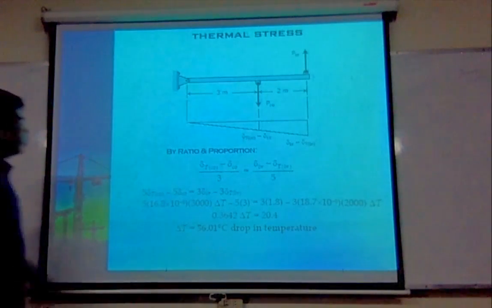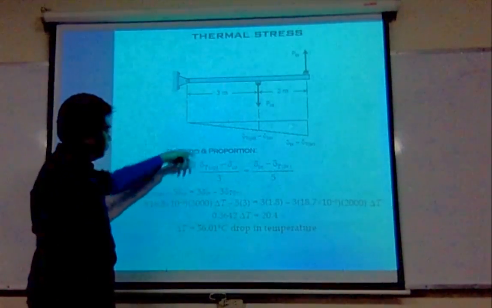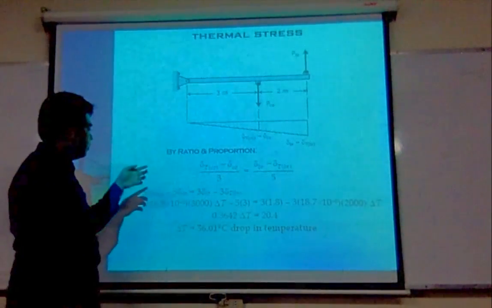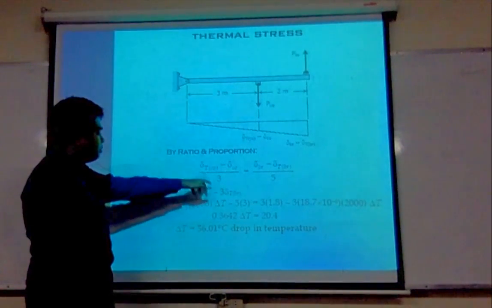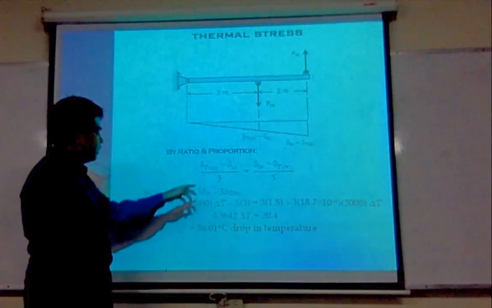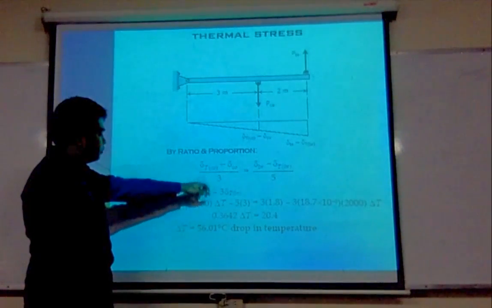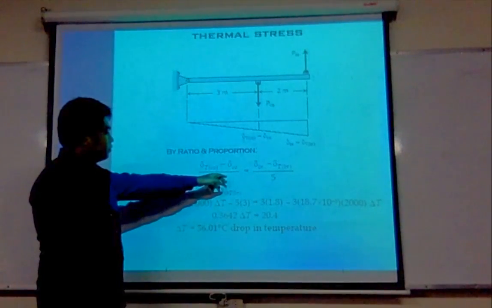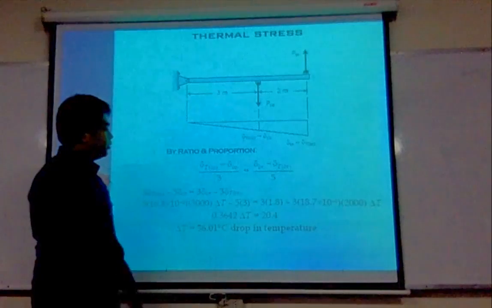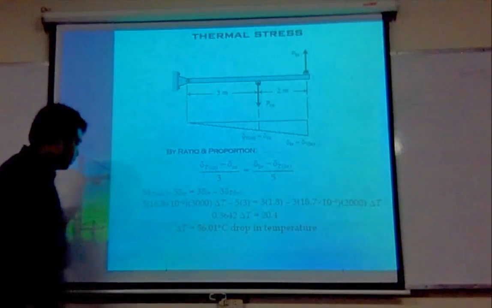By ratio and proportion from this triangle, we can get the elongation by thermal stress minus the elongation by force over 3 is equal to the elongation by force minus the elongation by thermal stress over 5.